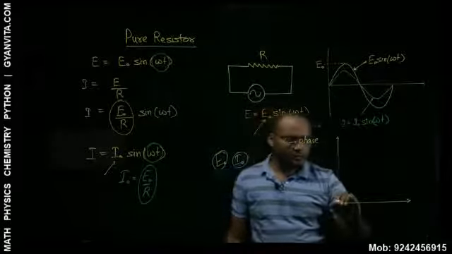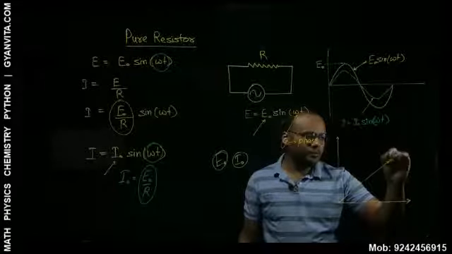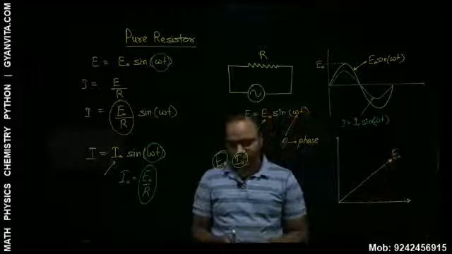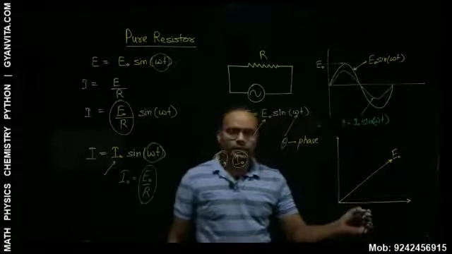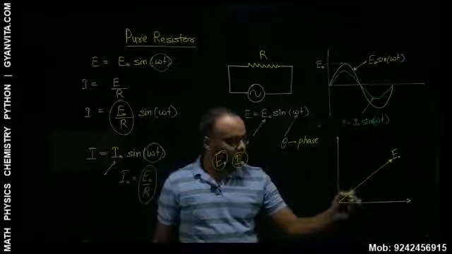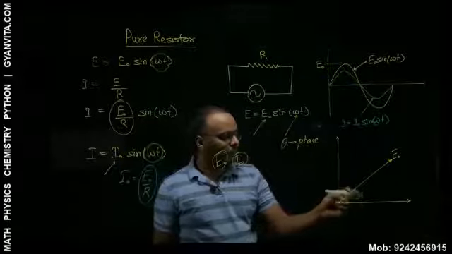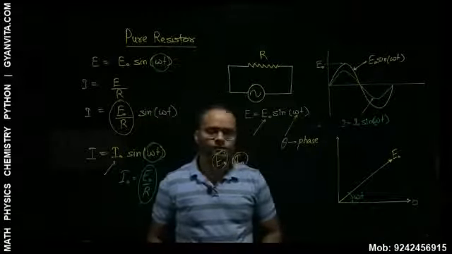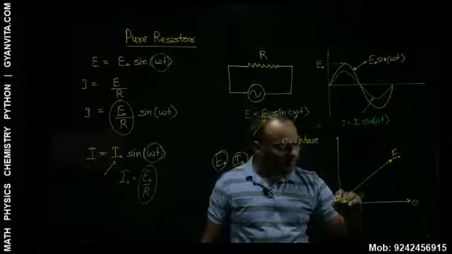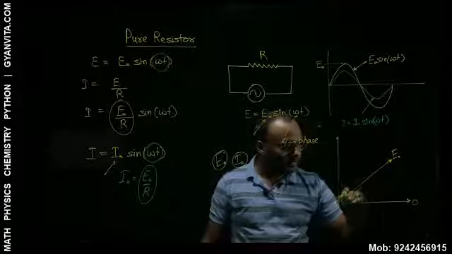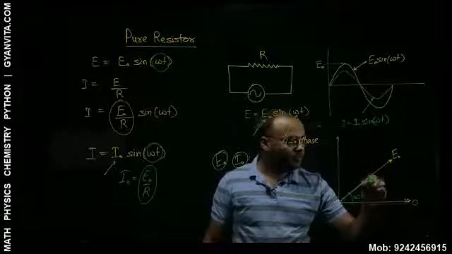So in this, suppose this is the representation of E naught, then where will be E? E will be on the same line. So this means what? It is at some angle theta, which is equal to omega t from the 0, right? So the current will also fall on the same line. It won't be a different line. It will fall on the same line, somewhere over here. And this will be the value for I naught.